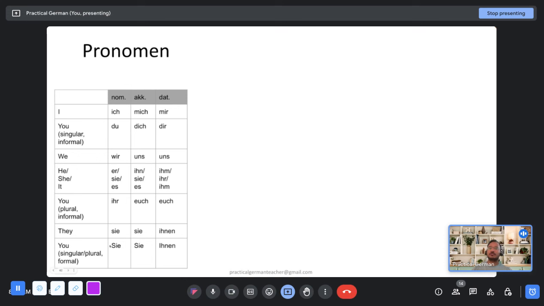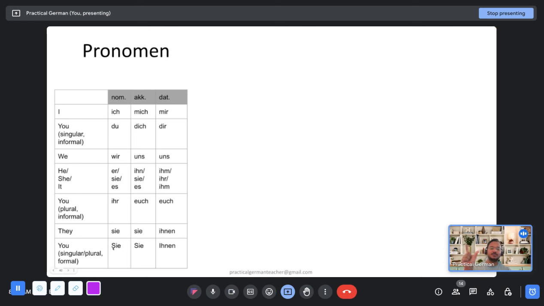Also, this Sie, if you notice, everything else is small, but this one I have capitalized. It tells you that it does not matter where it is in a sentence, whether at the beginning, in the middle, or wherever, it has to be capitalized. In the German language, there are three rules for when to capitalize something. The noun, always capitalize. This Sie, always capitalize.